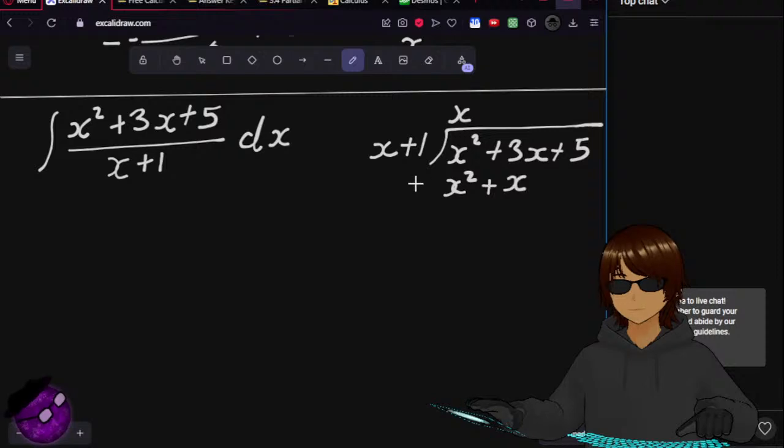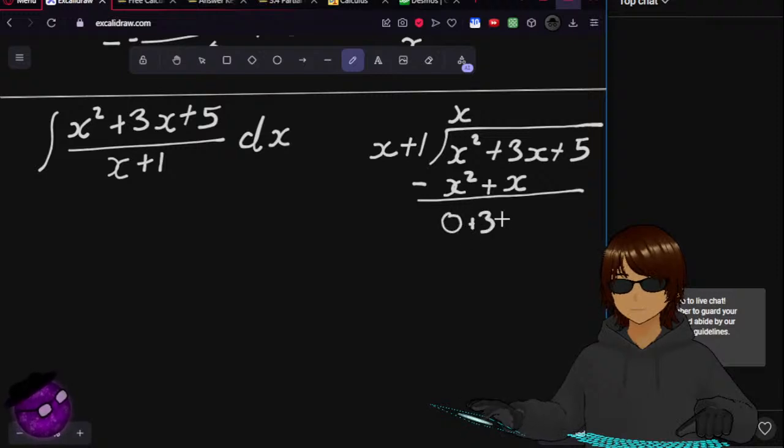We subtract, we are left with 3x minus x plus 5.